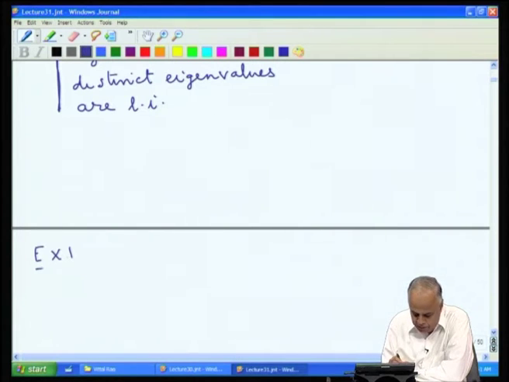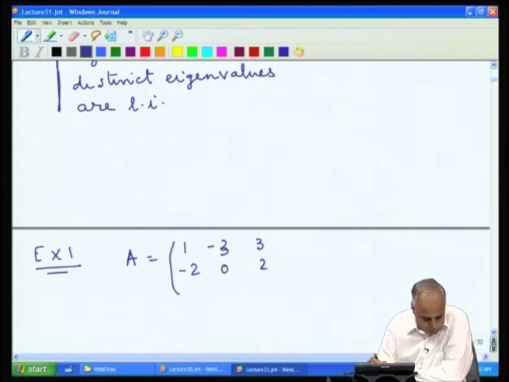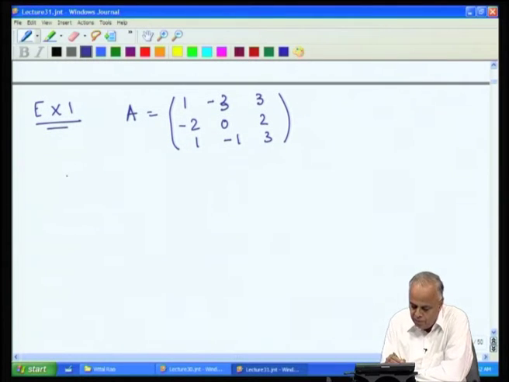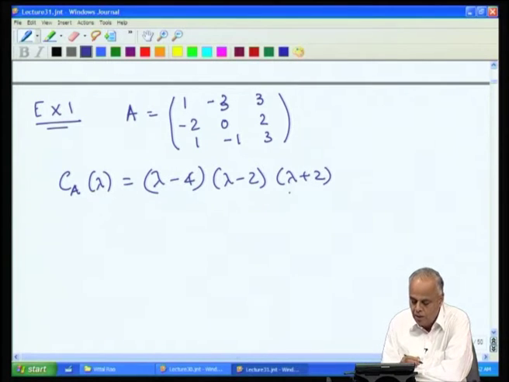Let us look at the first example, the same matrix which we looked at in the last lecture also: 1 minus 3 3, minus 2 0 2, 1 minus 1 3. In the last lecture, we found that the characteristic polynomial was (lambda minus 4) into (lambda minus 2) into (lambda plus 2).